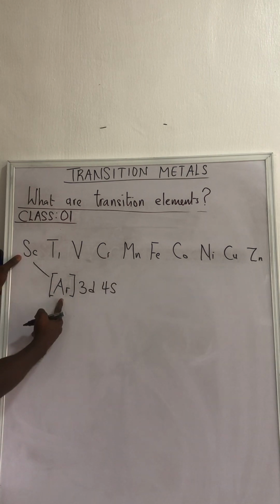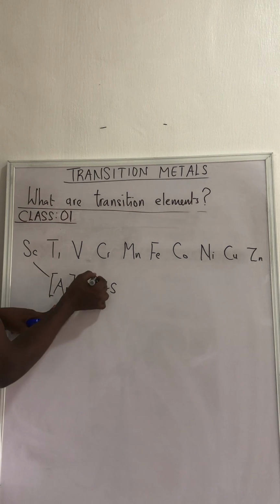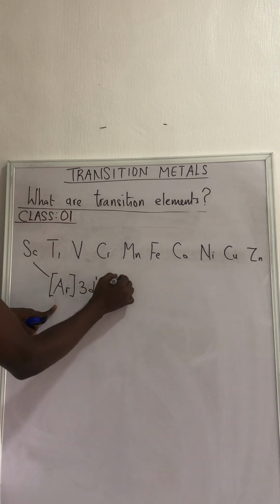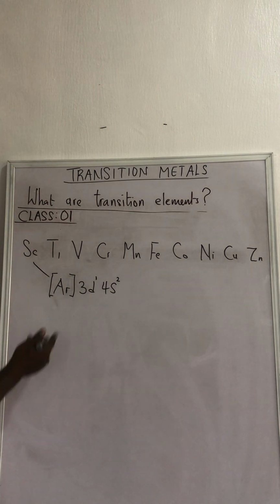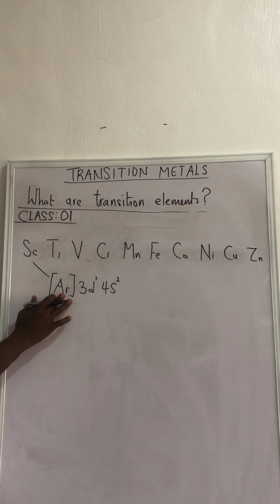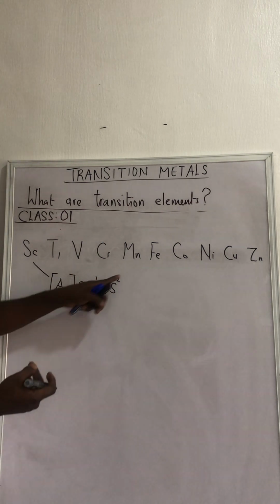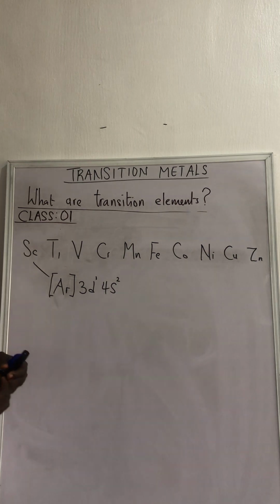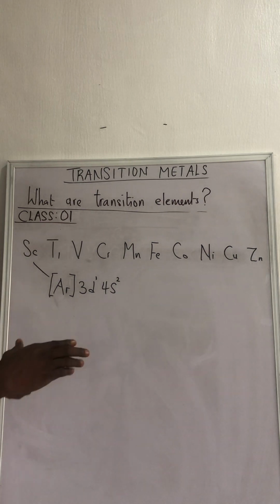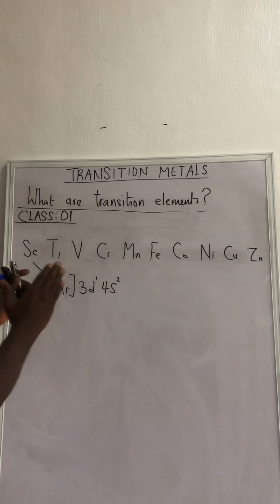This is 21, this is 18. So this one takes 1, while this takes 2. So there are 18 electrons in argon, plus 1 making 19, plus 2 making 21, and scandium is 21 in the periodic table.